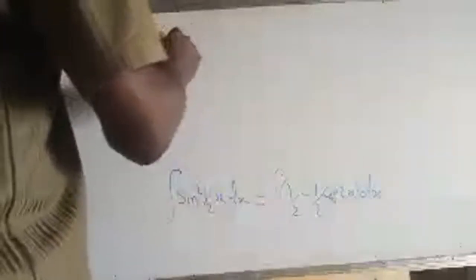Now, from integration, there's a principle that says the integral sign is a linear map, so you can split it and say the integral of half dx minus the integral of half cos 2x dx. Yes, you can split it. There's also a rule that when you have a constant, you bring it out.